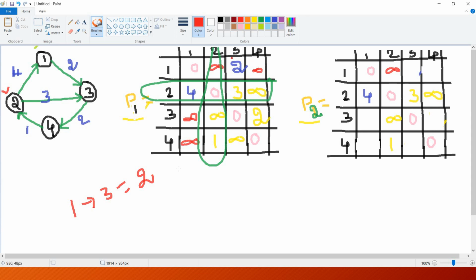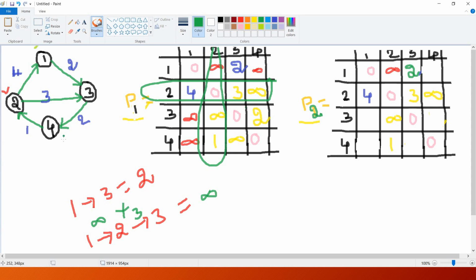If 2 is the intermediate node, 1 to 2, 2 to 3: 1 to 2 is of cost infinite, 2 to 3 is of cost 3. Infinite plus 3 is infinite. So which is minimum? 2 is minimum, right? So 2 will remain same.